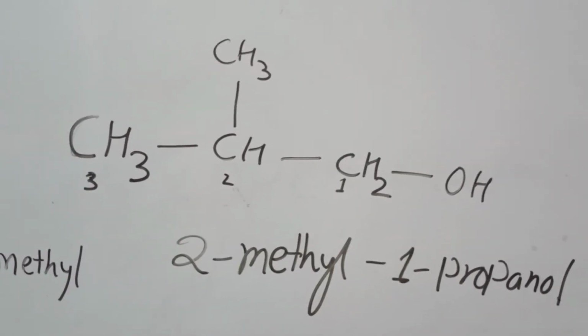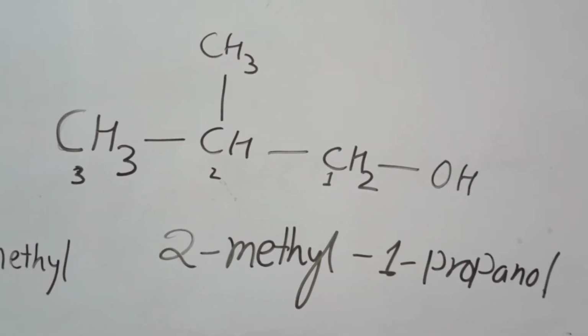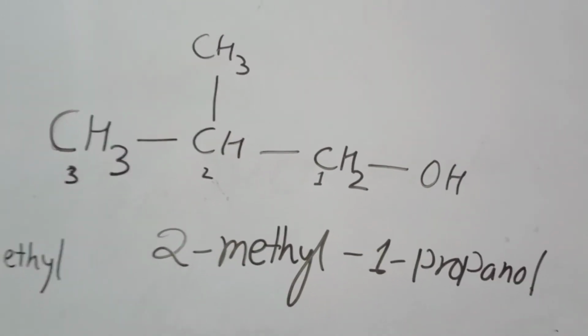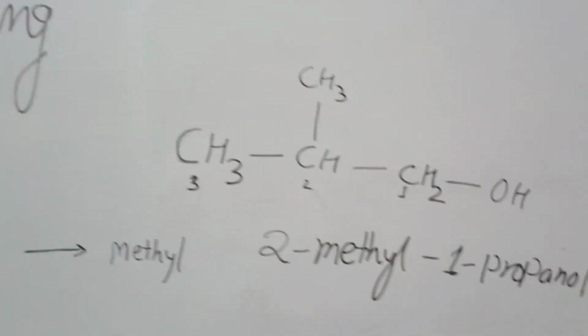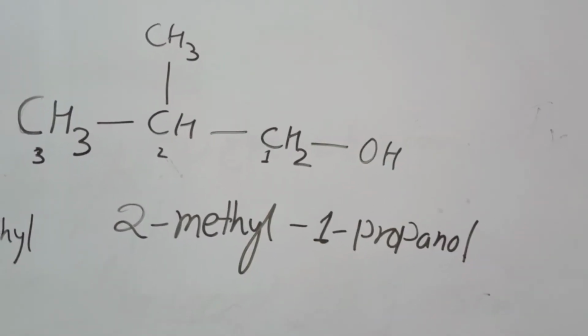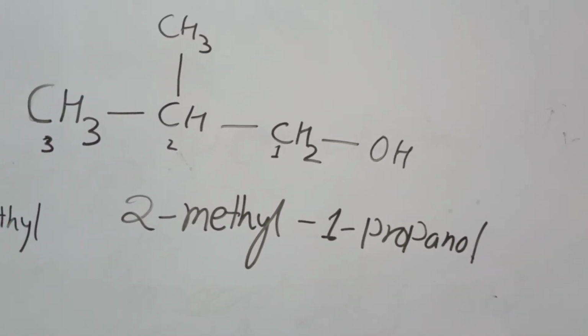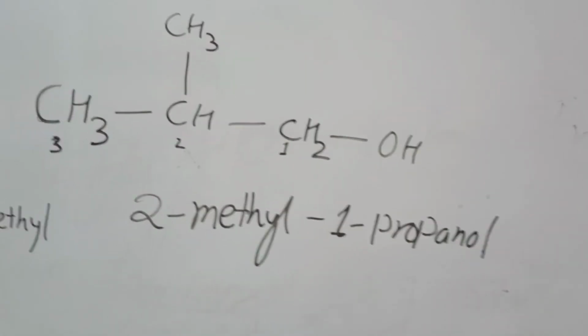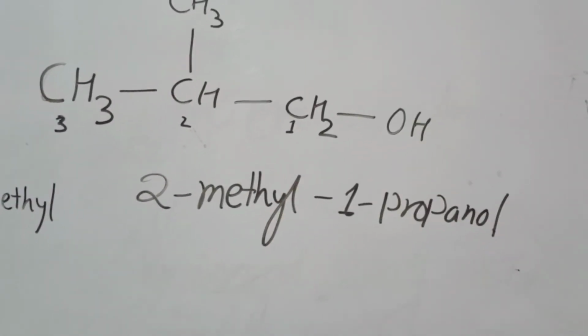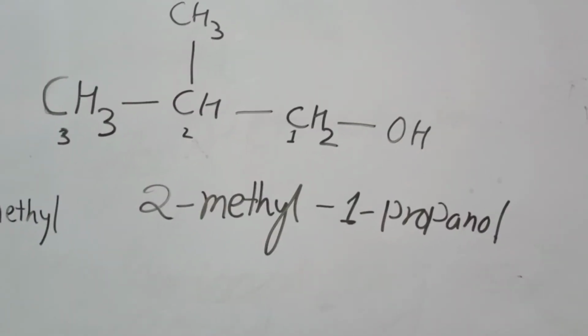Now, this 2-methyl-1-propanol itself contains the various components within its name. So as I discussed earlier, if there is any name of an organic compound, or a systematic name of an organic compound, that systematic name consists of a prefix and root word, then primary suffix and the secondary suffix.